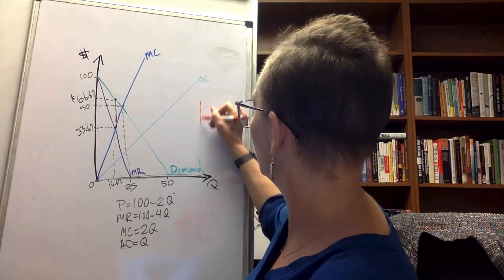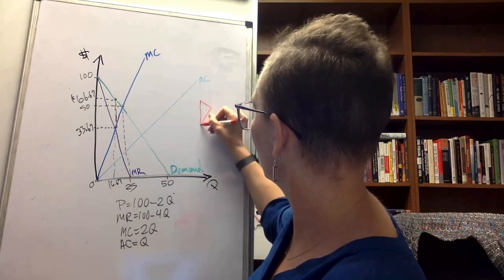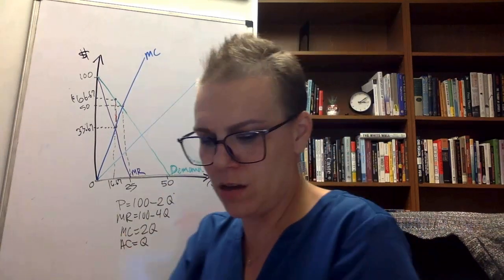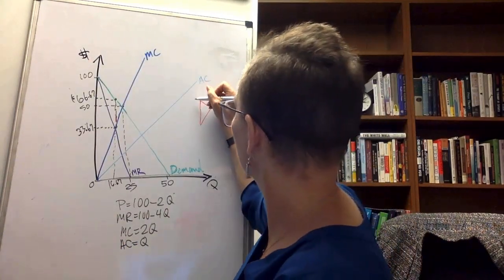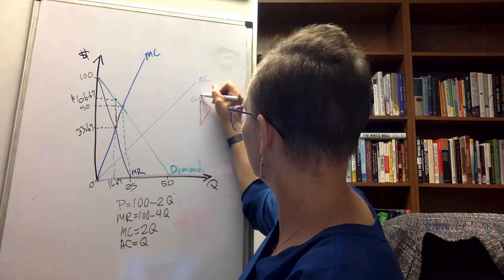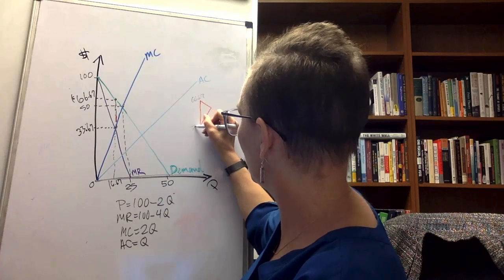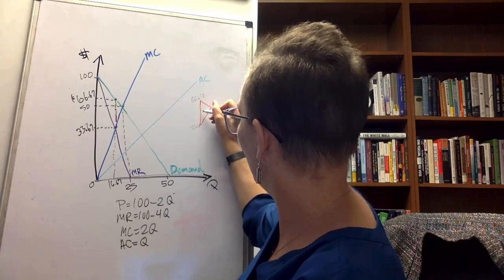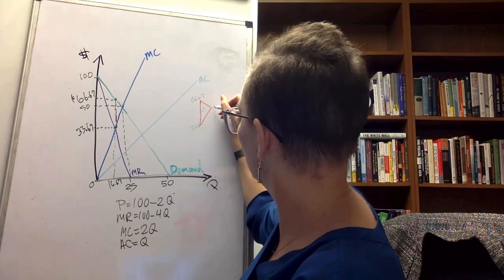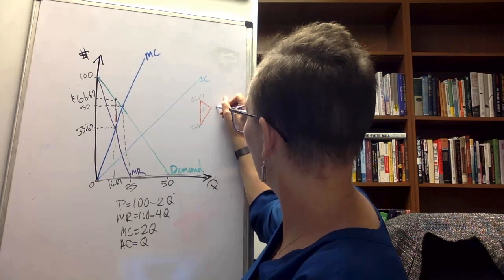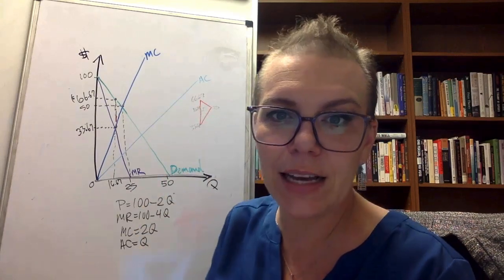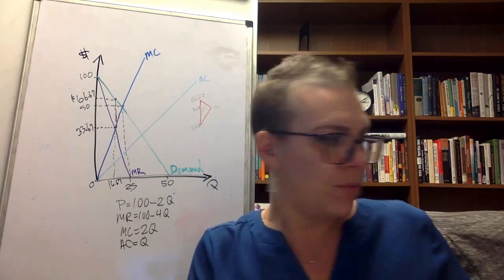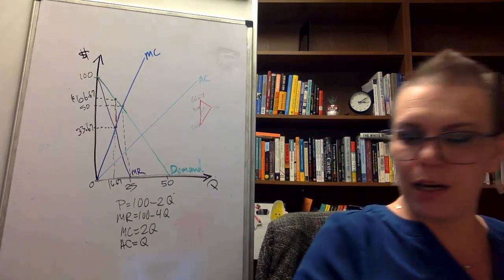And if you need a visualization, it's this triangle here that goes from 66.67 to 33.67 and to 25 from 16.67. This pen is dead. But hopefully that gives you a sense of what we're talking about.